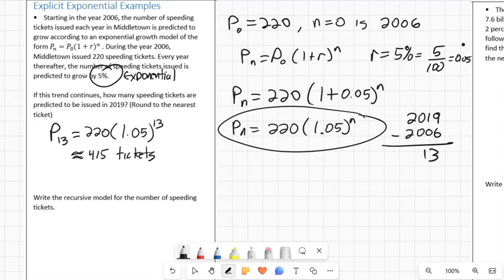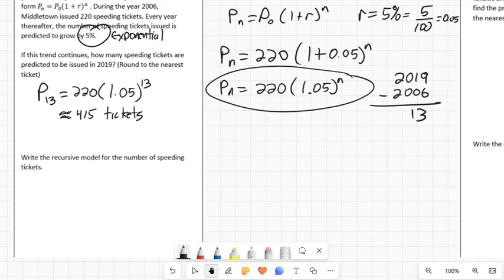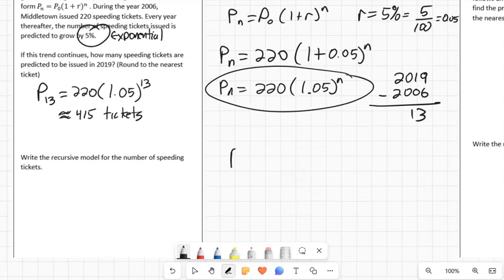Okay, next up, write the recursive model for the number of speeding tickets. Now the recursive model, we have to give P sub 0, and then we have P sub n equals P sub n minus 1 times (1 plus r).